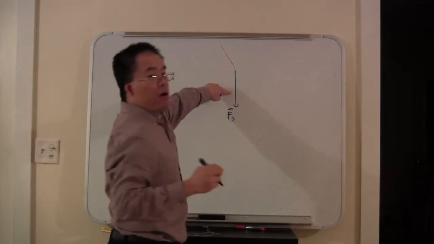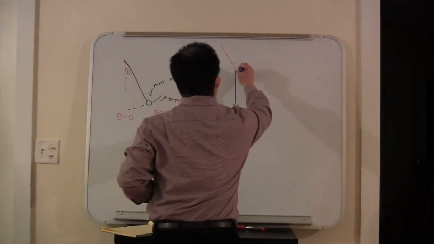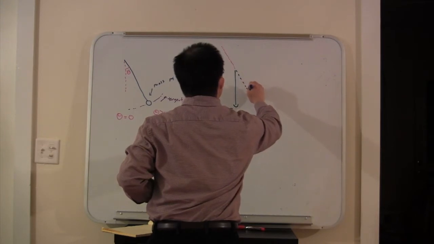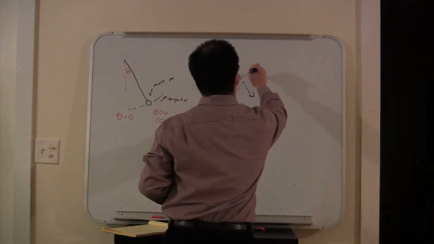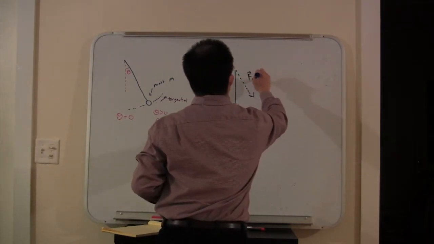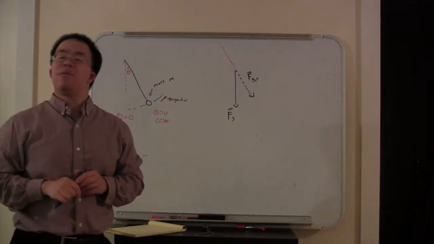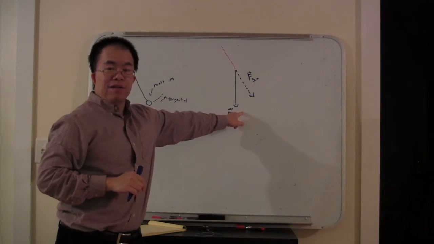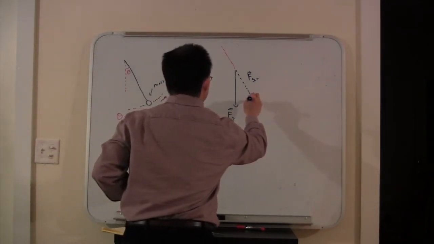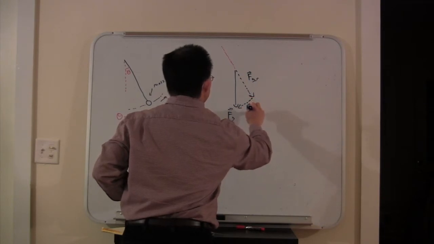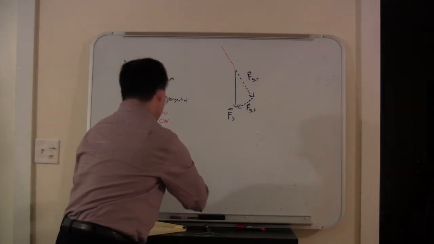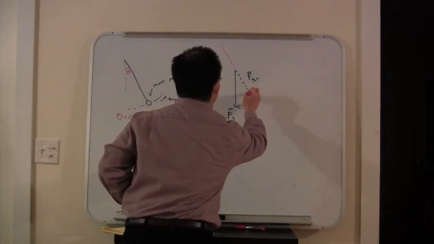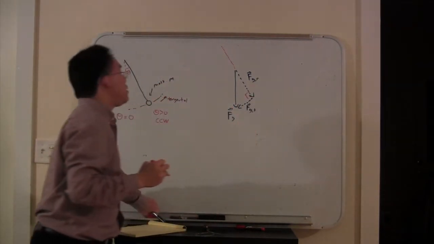I can draw this vector as the sum of a vector in the radial direction, so here is component vector F g sub r, plus a vector in the tangential direction. So here's my F g sub tangential component vector, and let me label in the fact that we have a right angle here.